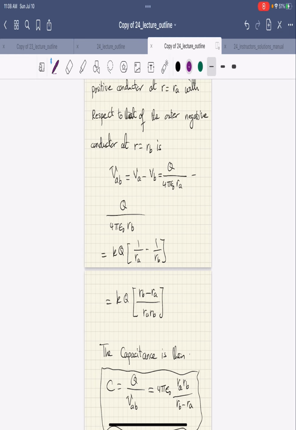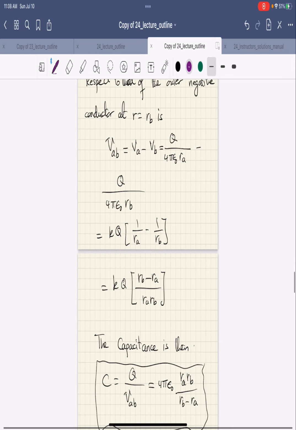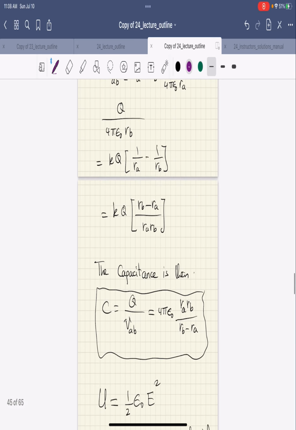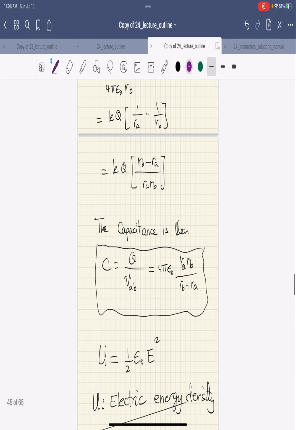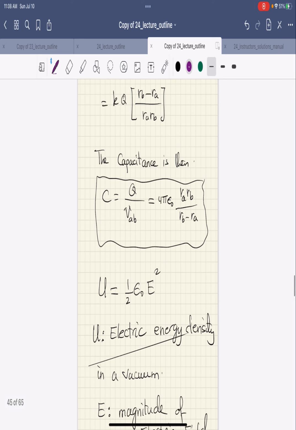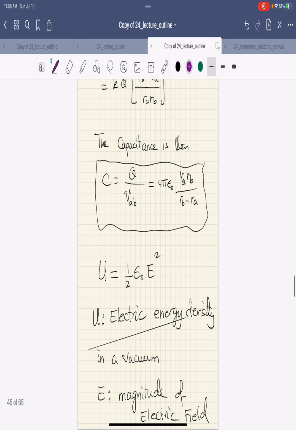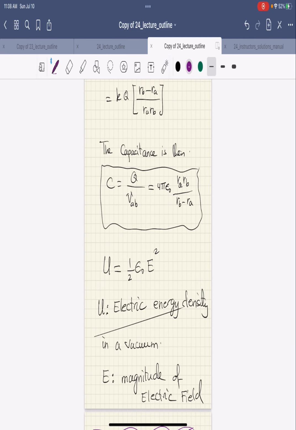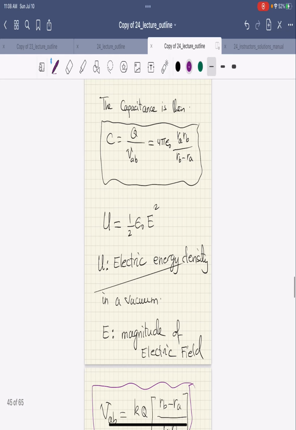And then this is algebra. I added the fractions, and then the capacitance is Q over VAB, which is going to be this expression. I am now looking for U, which is the electric energy density in vacuum. E here is the magnitude of the electric field.